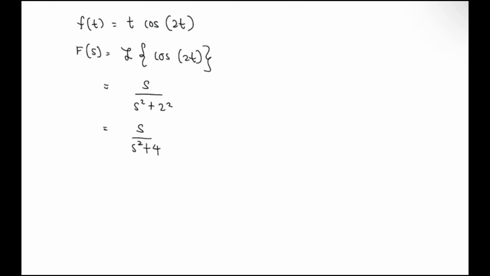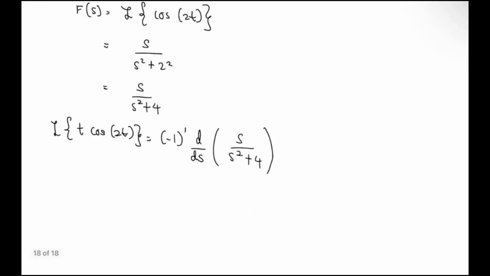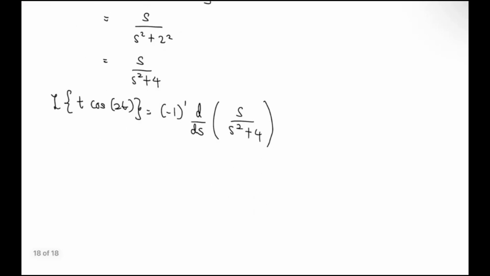And then to find the Laplace transformation of t cos 2t, because n equal to 1, negative 1 to the power of 1. So first order only, differentiate s over s squared plus 4. So here we have to differentiate s over s squared plus 4.